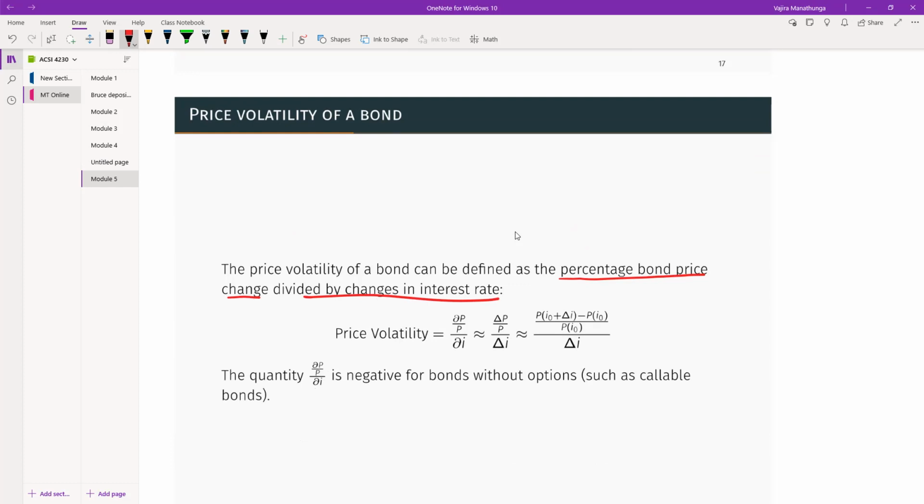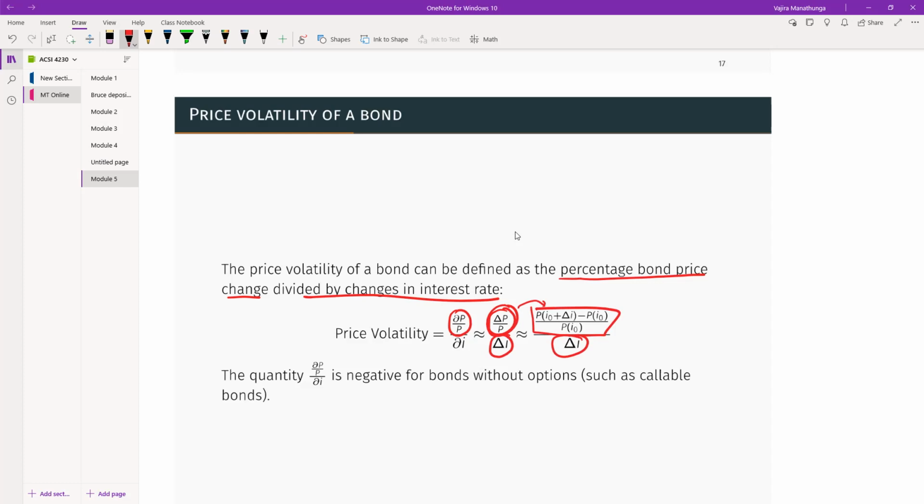In the real sense, it's the instantaneous change, so you have to take the derivative. But if you approximate it, it's going to be delta P over P. So that's the percentage bond price change divided by the change in interest rate. This quantity you can calculate using this formula, and then you divide by the change in interest rate.